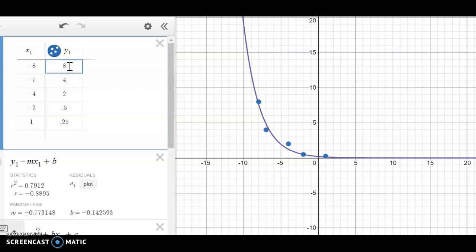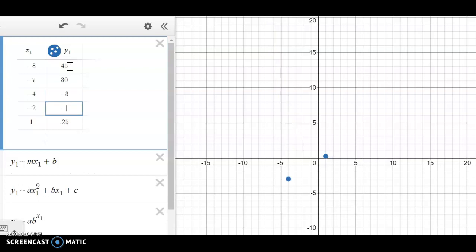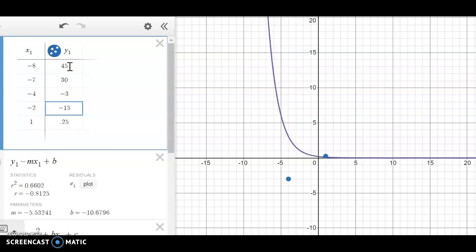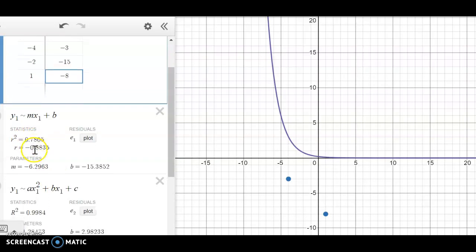And I'm going to change this to 45 and 30, -3, -15, and -18. And I already have this set up, so my r is 0.78.